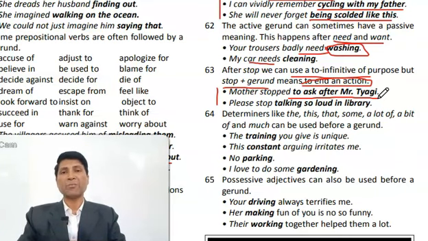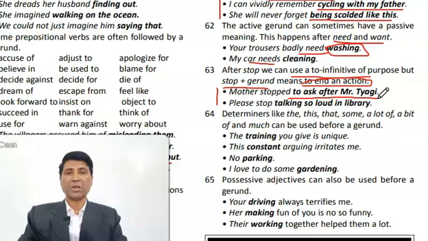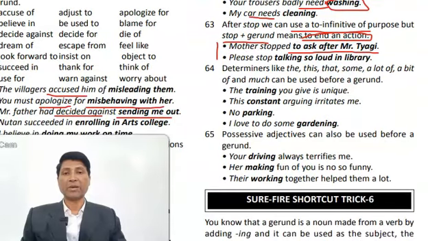So the purpose of mother's stop was to ask after Mr. Tyagi. And please stop talking means please end this action of talking. So stop when followed by an infinitive is used for infinitive of purpose, and when it is followed by a gerund, it means end of an action.